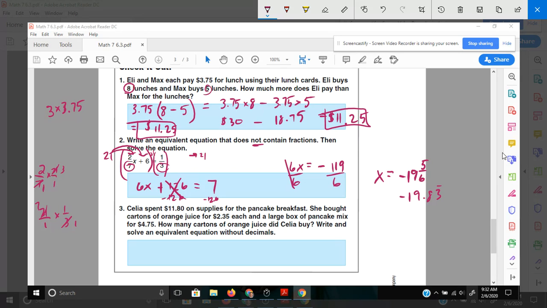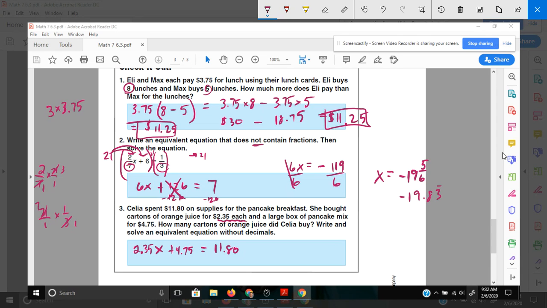Okay, so I know that, again, each is a hint here. So $2.35 times x. Plus, she also paid $4.75 for pancake mix, should equal our total of $11.80. That's your original equation that you should come up with.